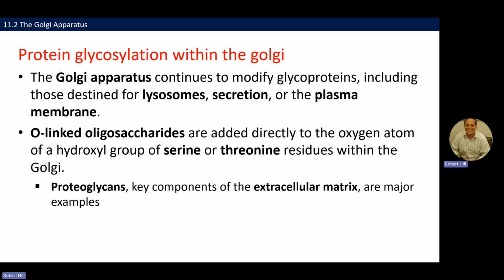Most O-linked glycosylated proteins are part of a family called proteoglycans. And proteoglycans are important proteins that are embedded in the plasma membrane and extend out. And they make up a large part of the extracellular matrix. Right?